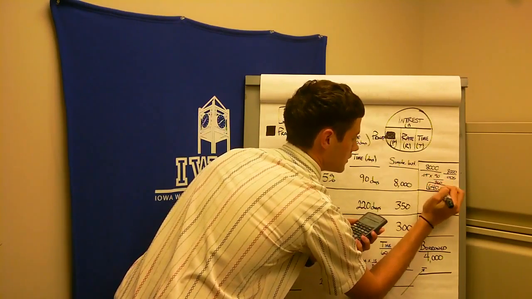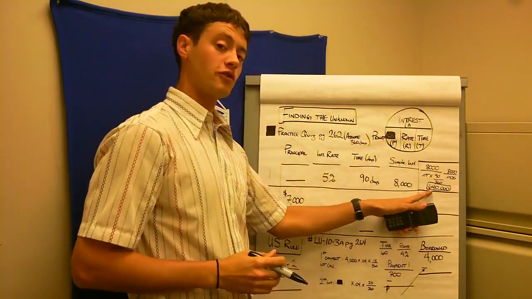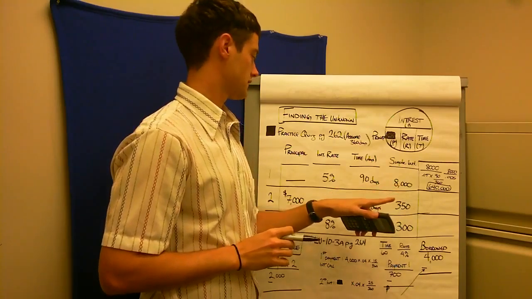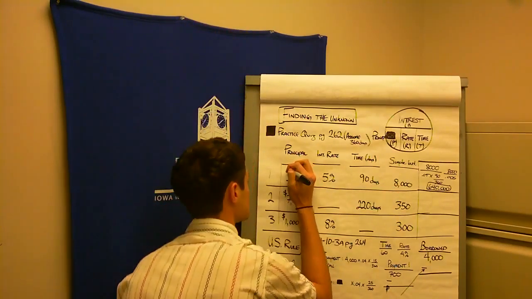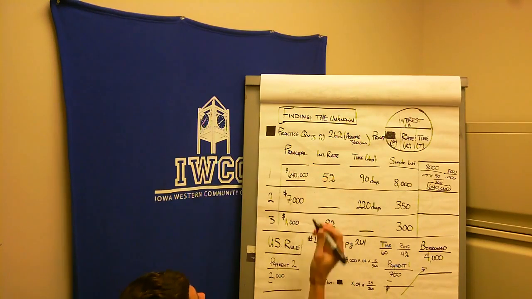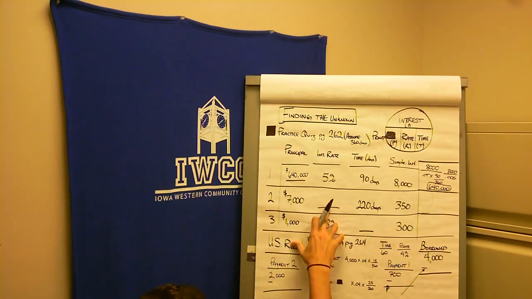So the principal, you have to have $640,000 to have $8,000 in interest. So our principal would just be 640,000.